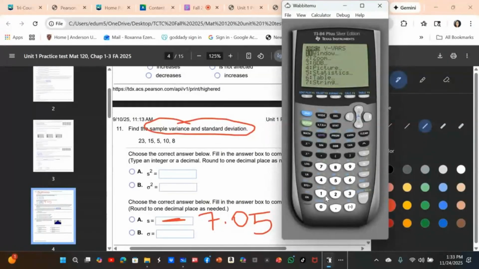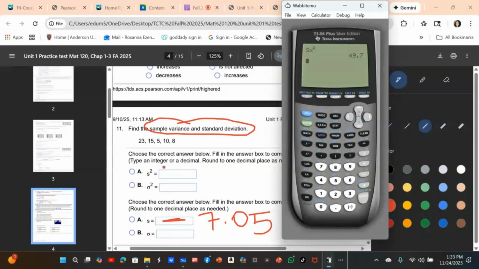Go to vars statistics number 5 and look for sample variance. Sample variance is number 3, and actually you square it, because if you want to find the variance, you square the standard deviation. Okay, so the variance is 49.7. So sample variance is 49.7.